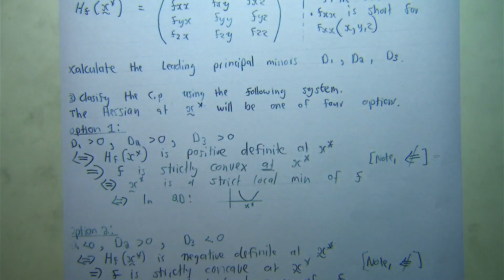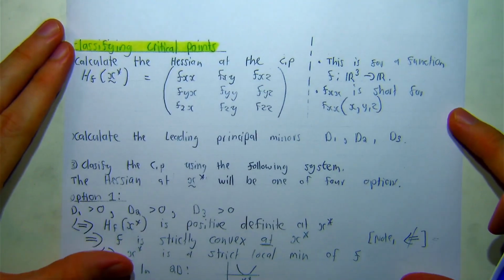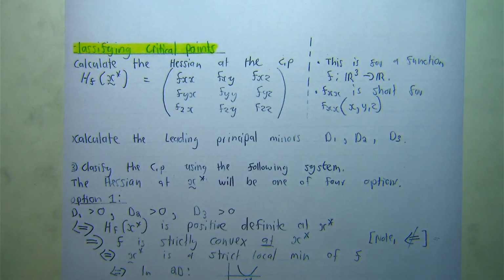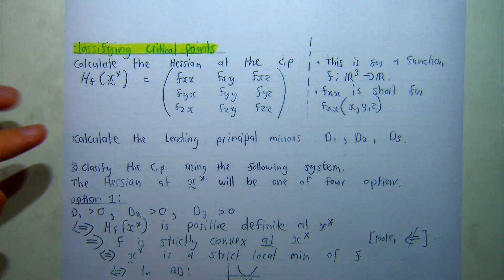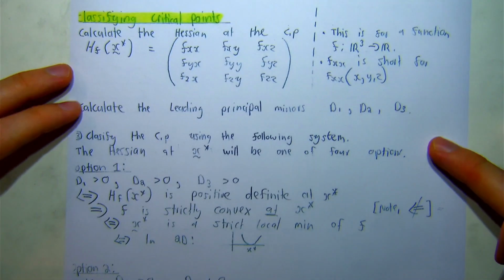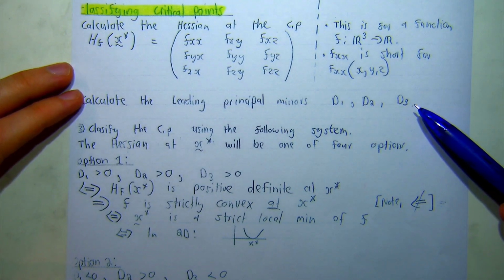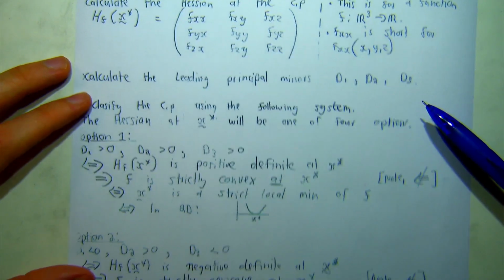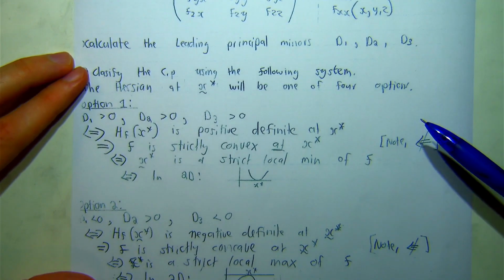Okay, last slide, just to summarize everything that we've looked at. So say you have a function f and you're trying to classify the critical points of that function, and in doing so you want to know the definiteness of the matrix to evaluate if it's concave or convex. Here's a chart to summarize what that is. So you calculate the leading principal minors D1, D2, and D3, and then you classify them according to the system below.